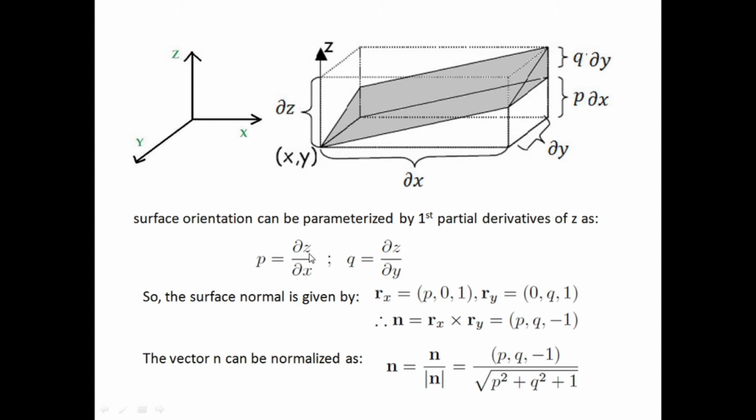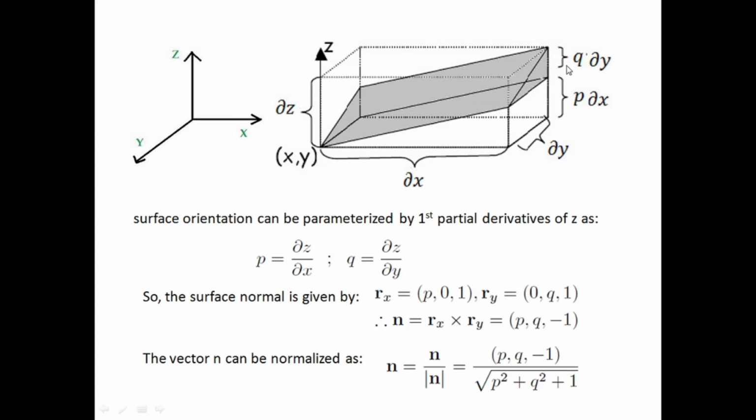P is nothing but differentiating z with respect to x, because this edge of your plate got moved up. Next, the other side of your plate got tilted up, which means it is differentiated with respect to the y axis.